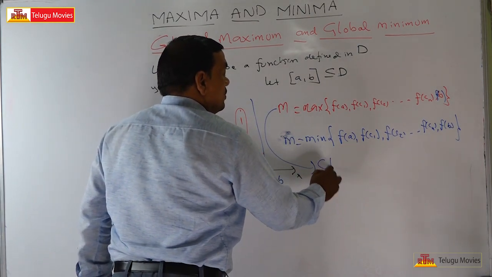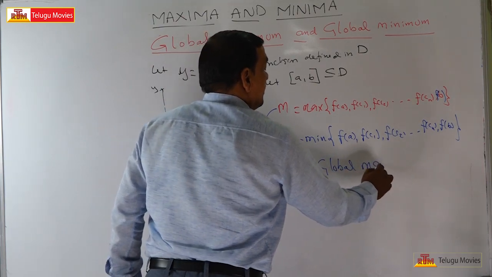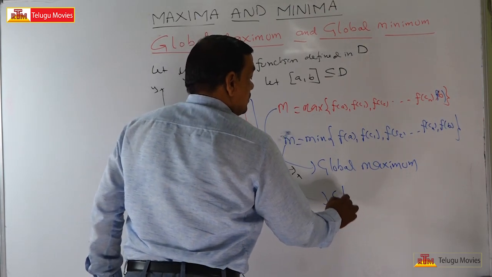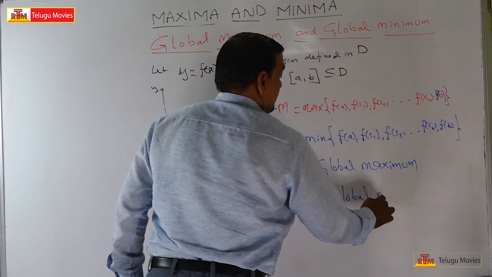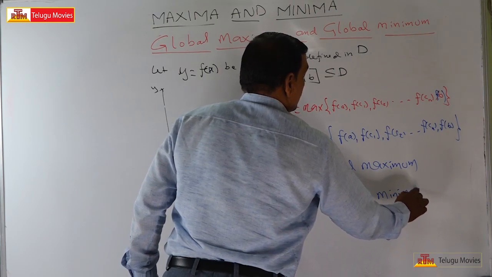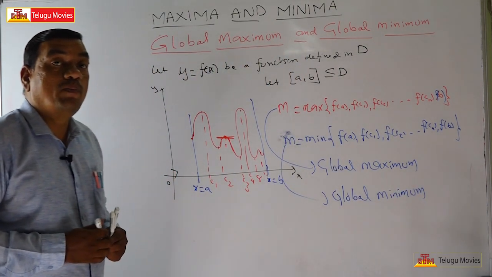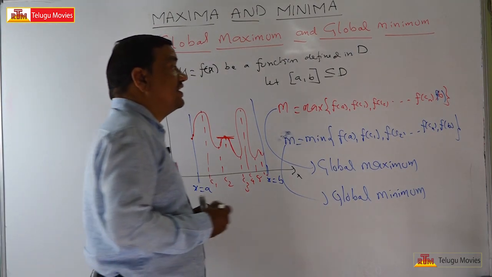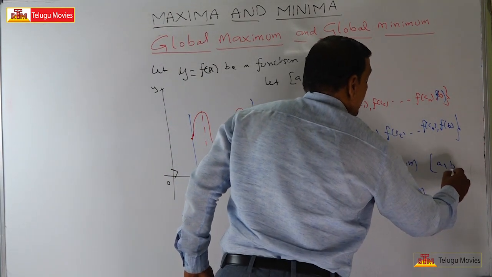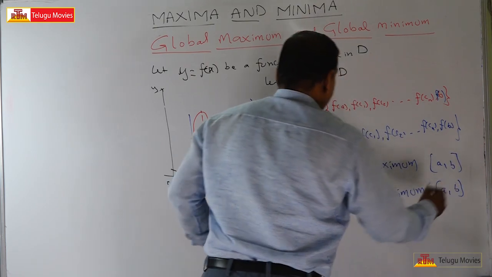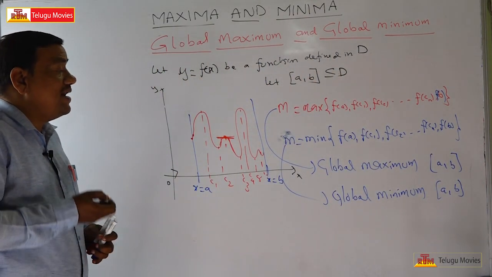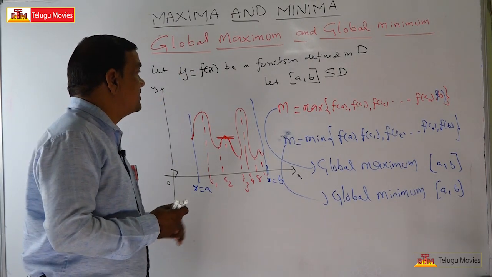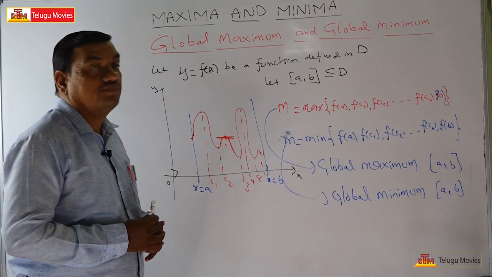Then capital M is called the global maximum of the function y is equal to f of x in the closed interval [a, b], and small m is called the global minimum of the function y is equal to f of x in the interval [a, b].